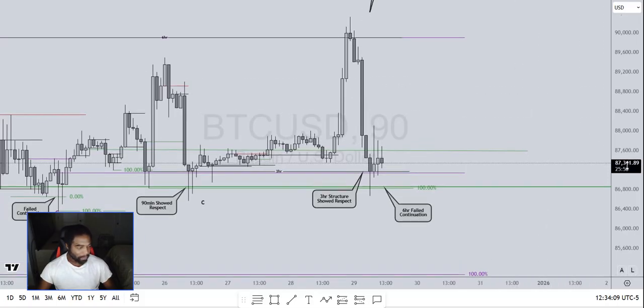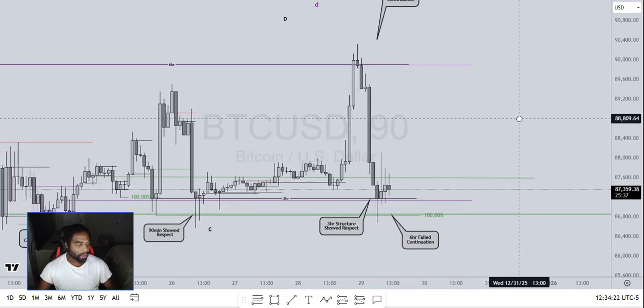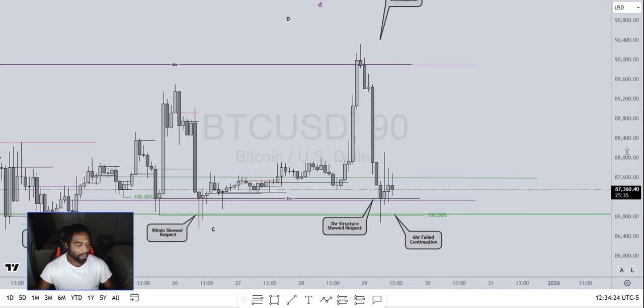So with that, as you can see, coming into this 3 hour structure, price showed respect, and we see what price is doing on the 90 minute inside of that 3 hour time frame price action, right?